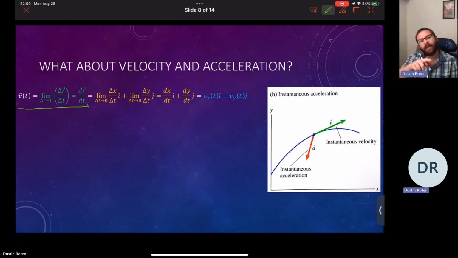Okay, well, when we apply that limit to r, we can distribute that through to the components. So that's exactly what's happening here. We just take that limit and apply it to the change in x, how we're moving in the x direction, our slider on the x-axis. We let those changes over time get really small. And then same thing with the up-down on the y-axis. When we slide our coordinate up and down, we let those changes over time get really small.